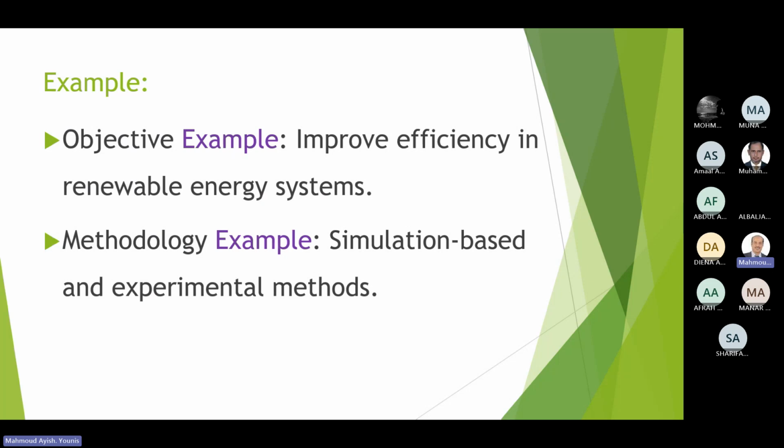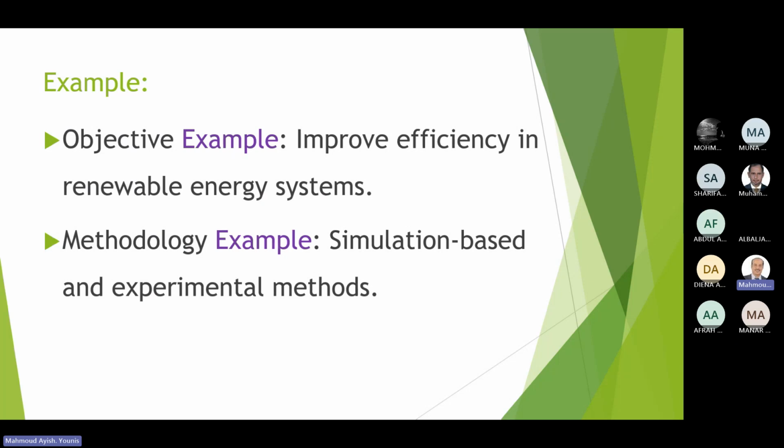Now, how about the methodology, or how am I going to get to the problem? I will say my methodology is a simulation-based and experimental method. Means I will put the method which will take me to that objective. I will repeat again: my objective is improving efficiency. Now, my methodology is the technique I will use to improve the efficiency, either by simulation or by experimentation. I hope now you can find the difference between objective and methodology.